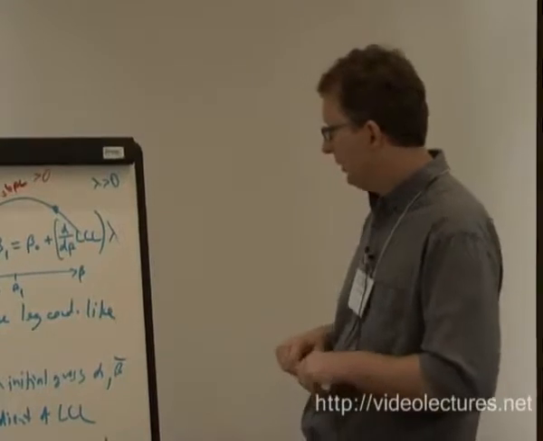But computationally, second derivative methods are very tricky. The second derivative can be difficult to compute. It can be numerically unstable, and it's got another disadvantage that I'll mention in a few minutes.